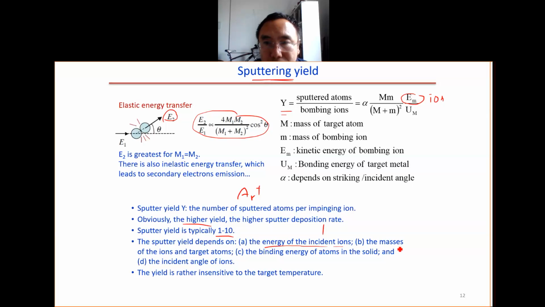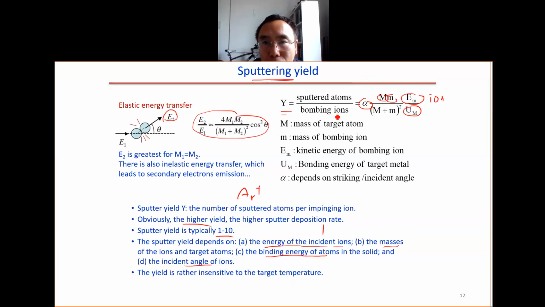It also depends on the mass of the ion and the mass of the target atom, and then the binding energy of atoms. The higher the binding energy, the lower the yield. And there is the incident angle, which is this term of alpha. The yield is not sensitive to the target temperature.